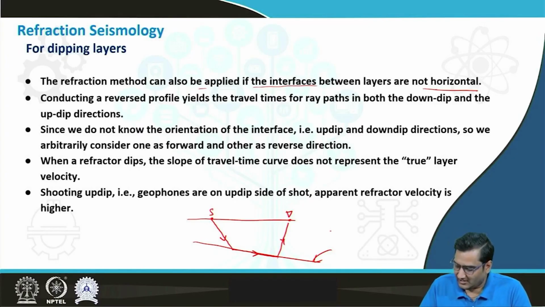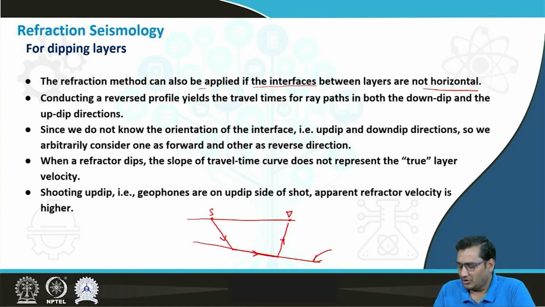Now suppose you do not know in what direction the interface is orienting itself; then you cannot get an idea about which is the up dip direction and which is the down dip direction. So there are two things, the down dip direction and the up dip direction.